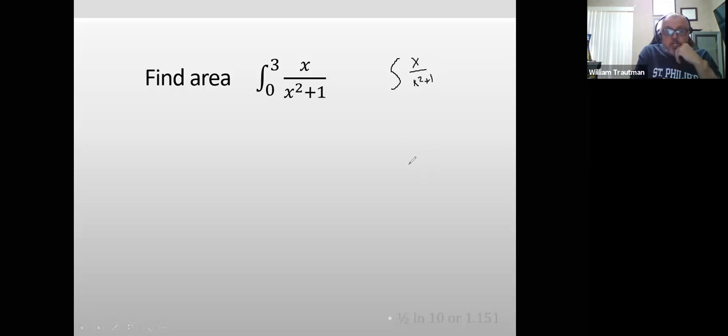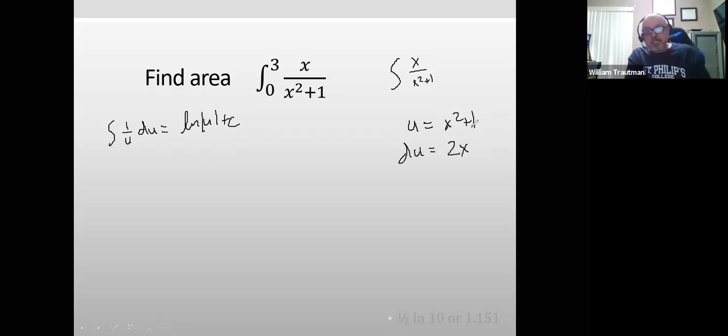We're focusing on integrating 1 over u du, and don't forget the formula is the natural log of u plus c. So let's change u to x squared plus 1, and then the derivative of u is 2x.